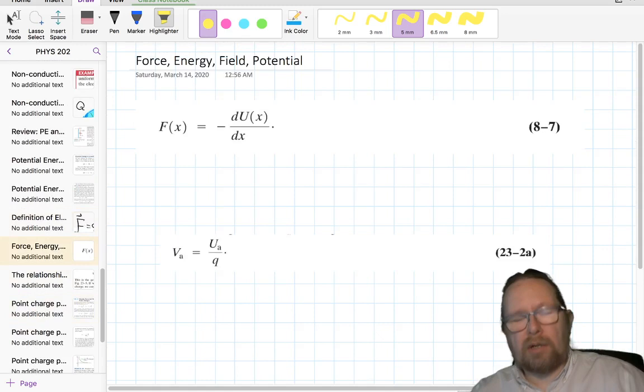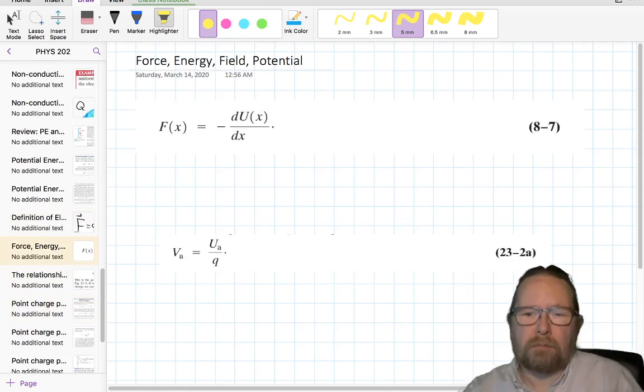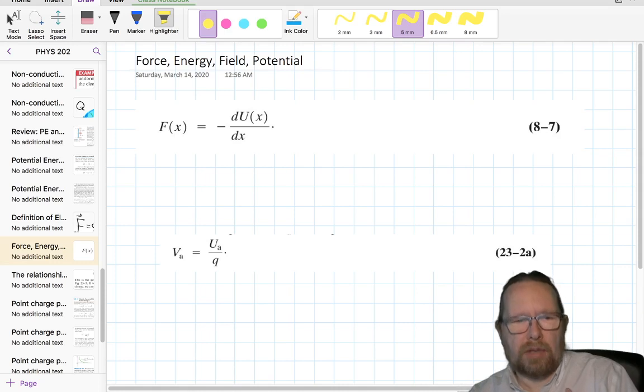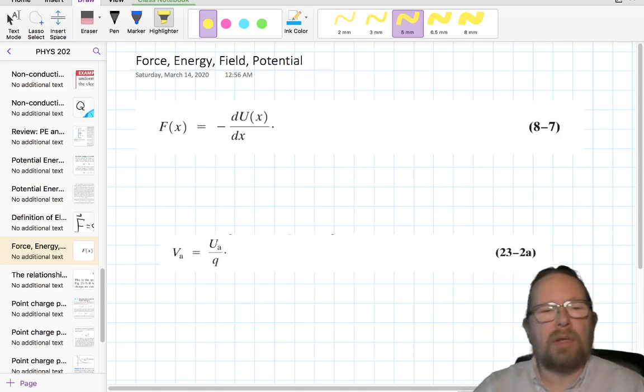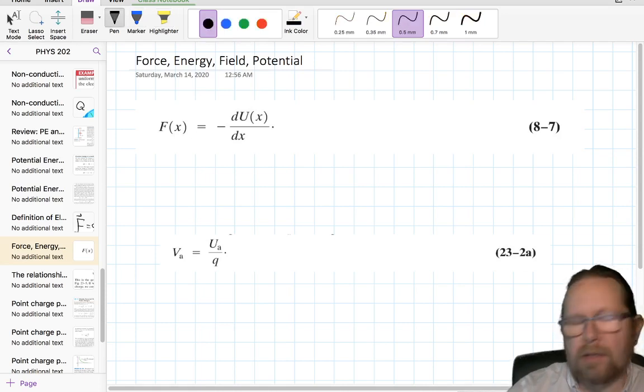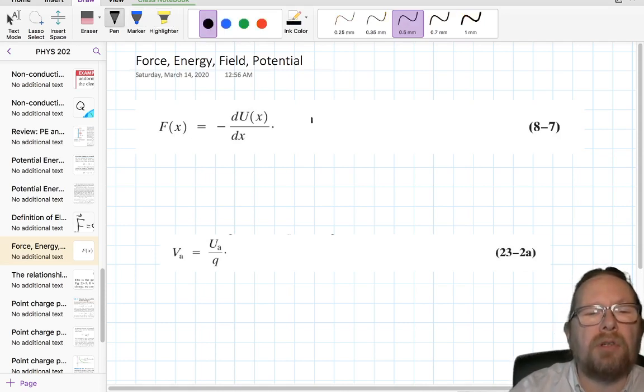So we want to be really clear about the relationship between force, energy, fields, and potentials. The relationship between a force and a potential is that a force is equal to the negative derivative of a potential with respect to position. This is in one dimension. If you've got a potential in three dimensions, this expression is more complicated.